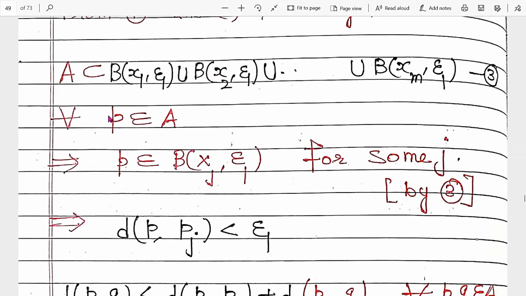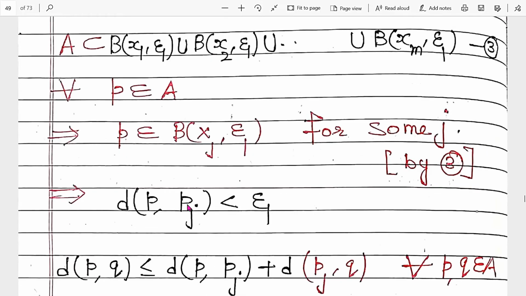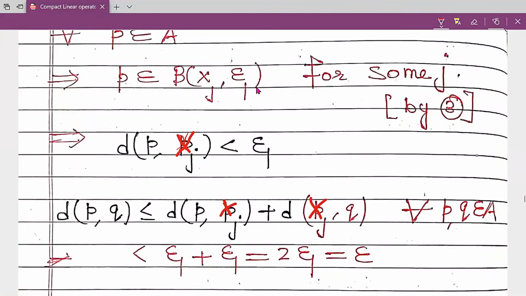It means p belongs to one of the balls. So p belongs to the ball with center xj, radius epsilon 1, for some j. It means the distance between p and xj is less than epsilon 1. Correct this: it is xj, not pj. So the difference between these two vectors is less than epsilon 1, right?